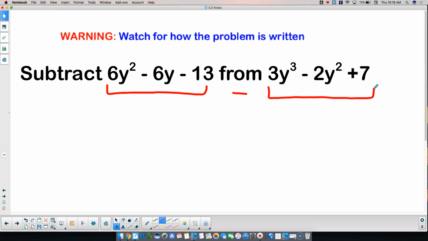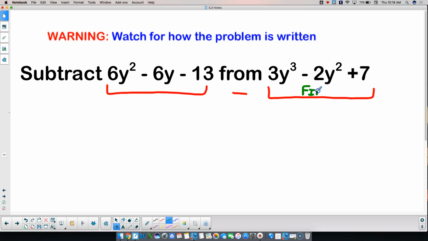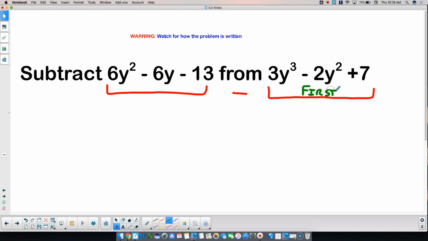The problem with the way that this problem is written is that this one actually has to come first, because we are subtracting from that one. So we're subtracting 6y squared minus 6y minus 13 from the other one.